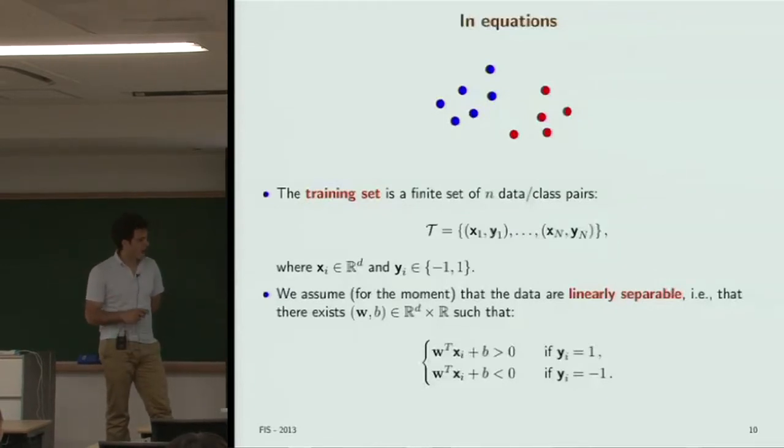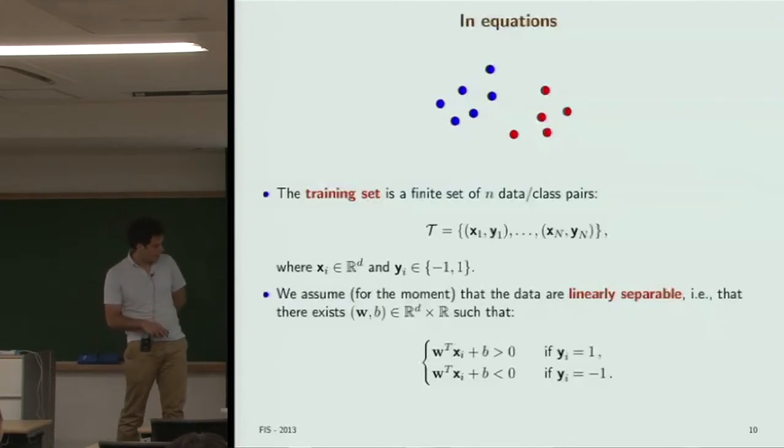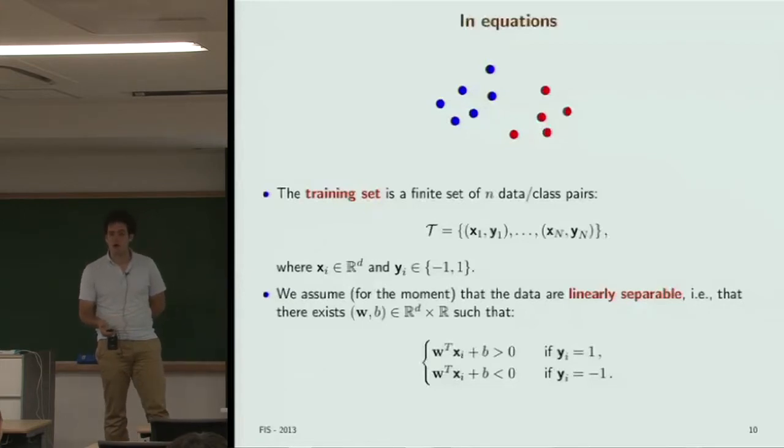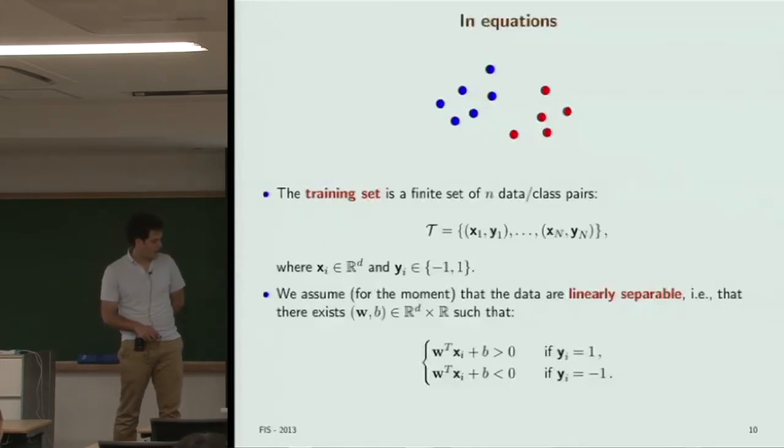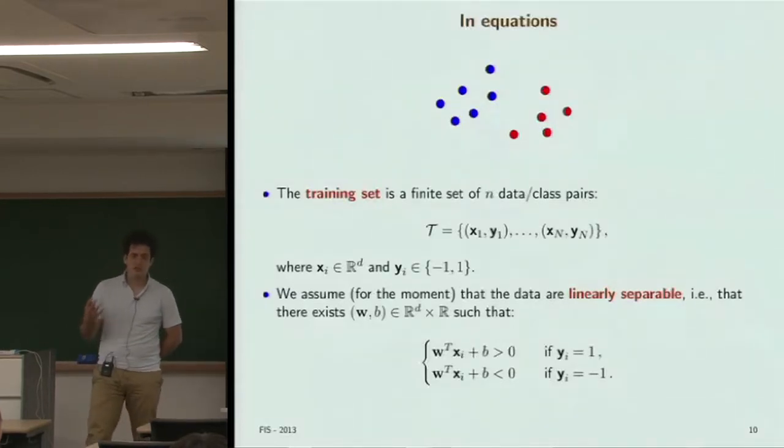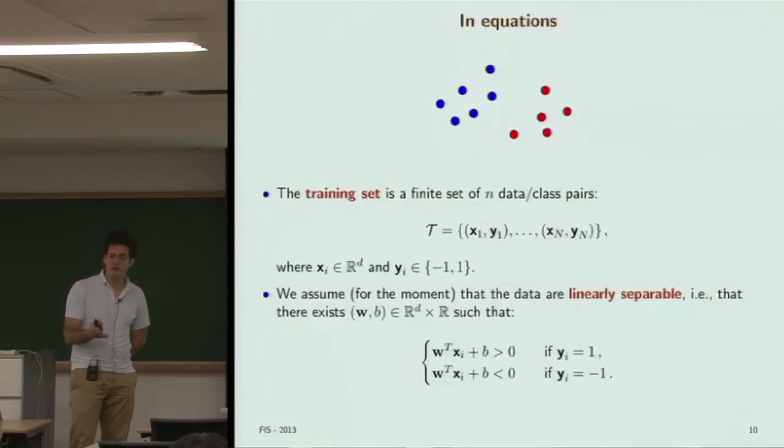Finding a hyperplane that separates those 2 sets is equivalent to finding a normal vector w and a constant b, such that w transpose xi plus b is positive for all points such that yi is equal to 1, and w transpose xi plus b is negative if yi equals -1. So this is just the fact that we want to have a separating hyperplane.